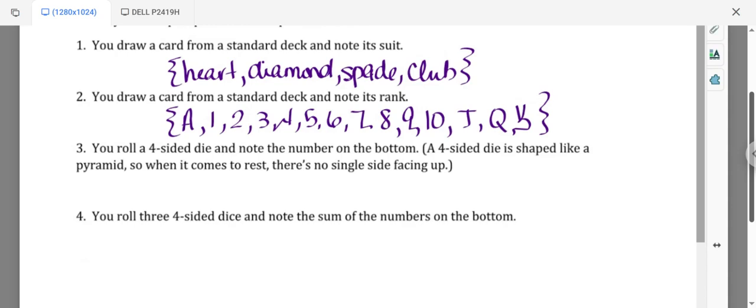You roll a four-sided die and note the number on the bottom, because obviously it can't have a number at the top with it being a pyramid. So again, there's only 4 options, because it's only got 4 sides. But now if we talk about the sum of 3 of them, what is the lowest sum?